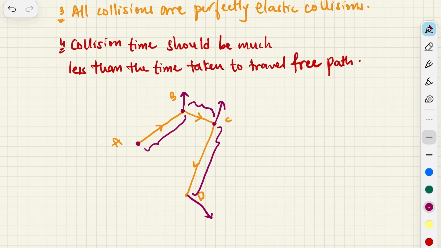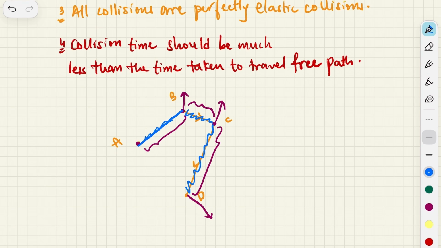That means this distance, which I am marking in blue, is called the free path. This distance is also called a free path, and this distance is also called a free path. So all these distances are called free paths.